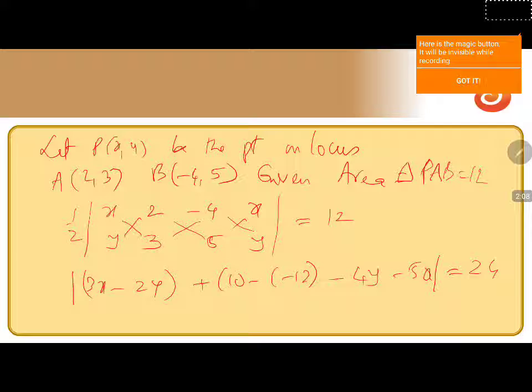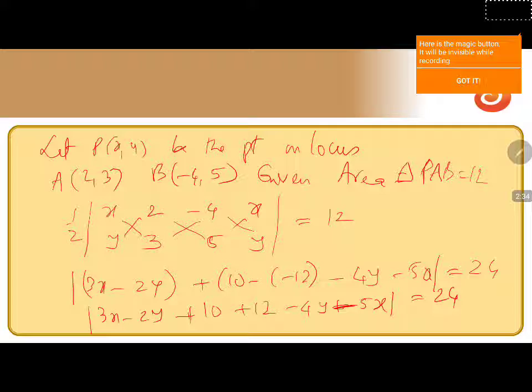So when I simplify, I get 3x minus 2y plus 10 plus 12 minus 4y minus 5x is equal to 24.